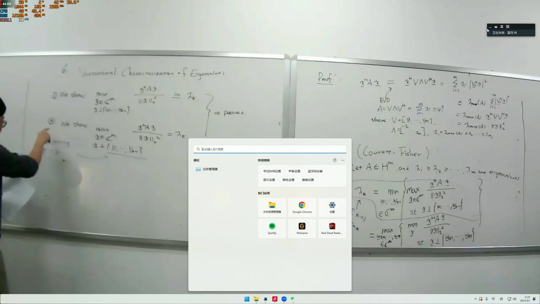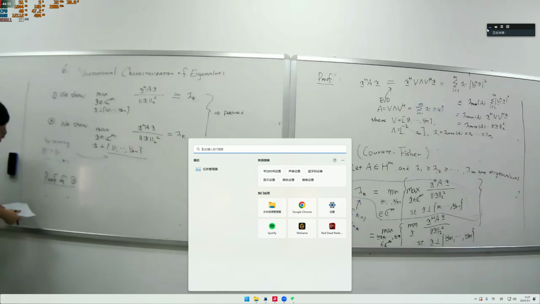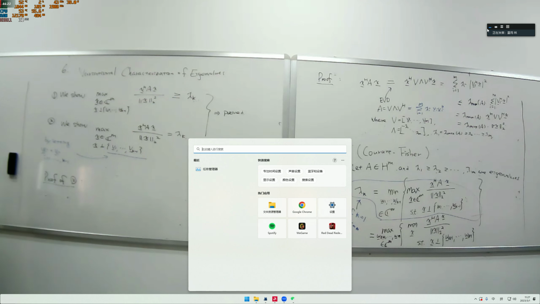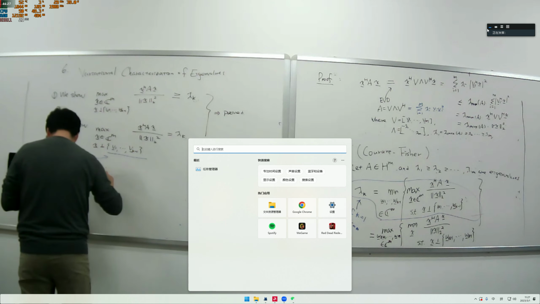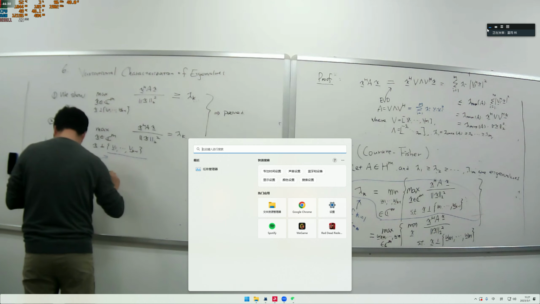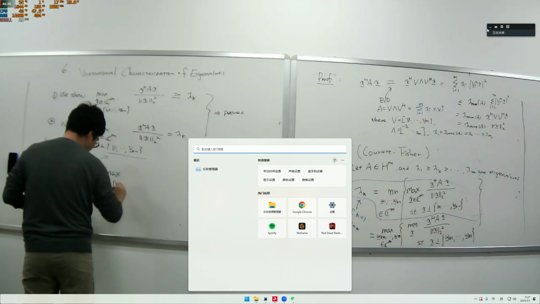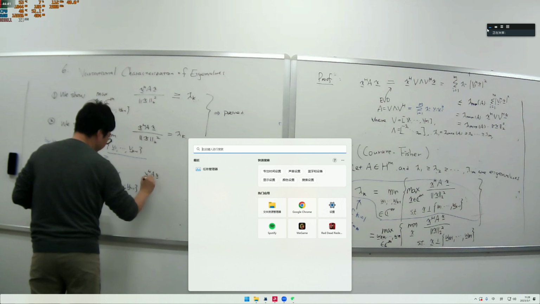So let's first prove 2, because 2 is easier. Let's check out 2. We show that when x is orthogonal to V1 to V_{k-1}, this is lambda_k.